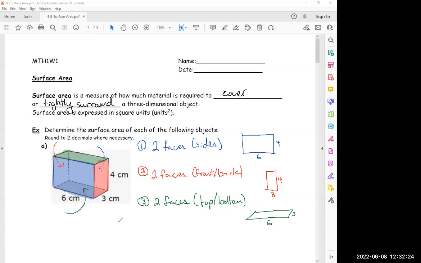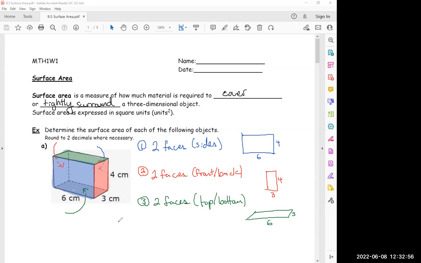So again, imagine this was a net. If I opened it up, I would have 3 different rectangles and 2 of each. Stopping right there, go back to the formula for surface area of a rectangular prism on your sheet. The formula says 2 of WH plus LW plus LH. You could memorize that.